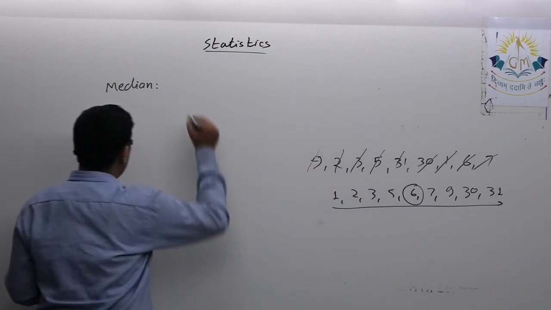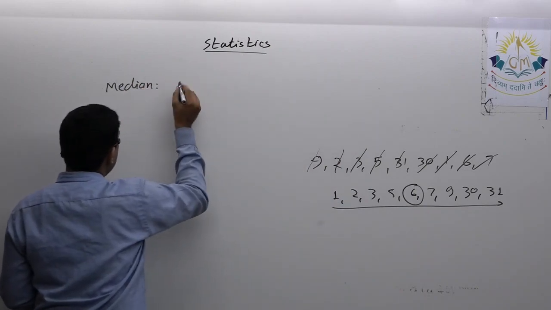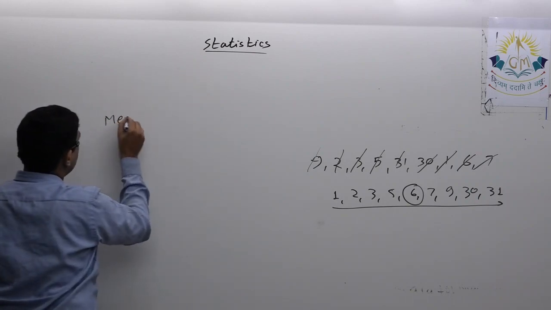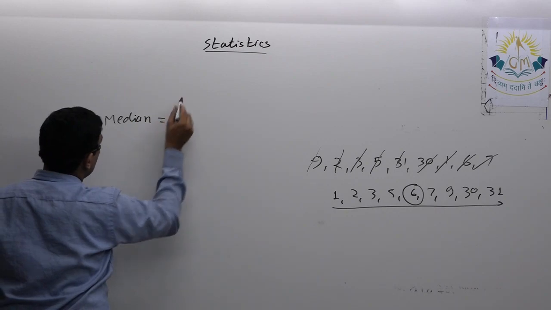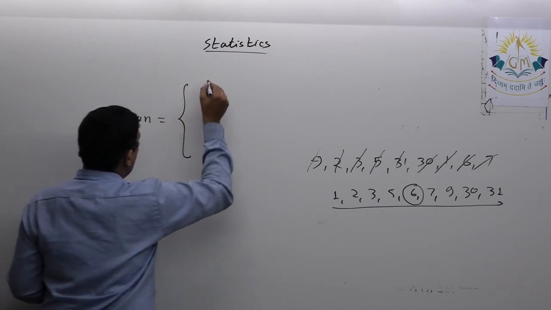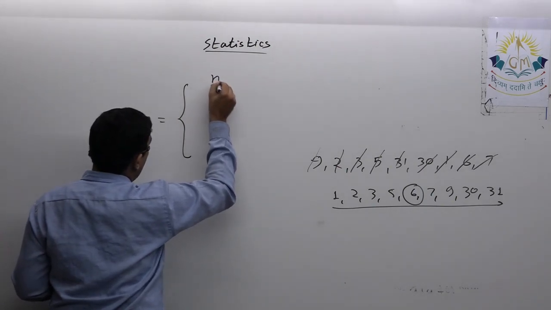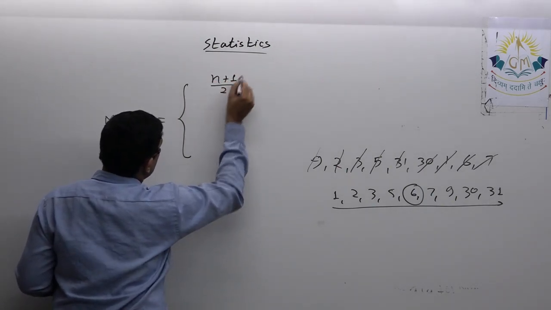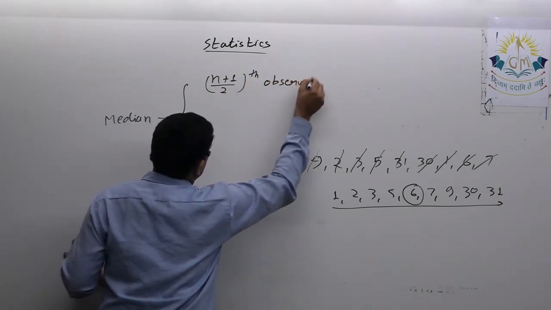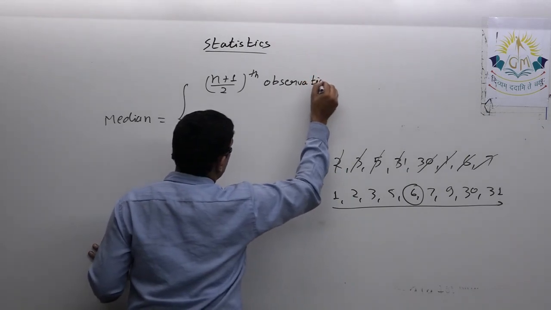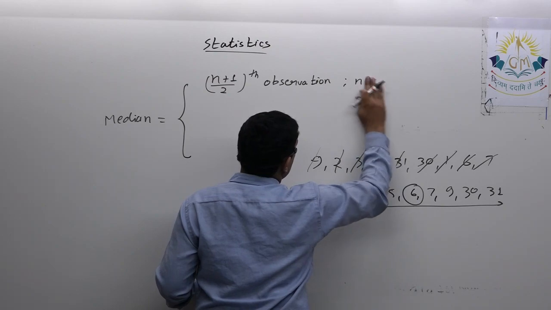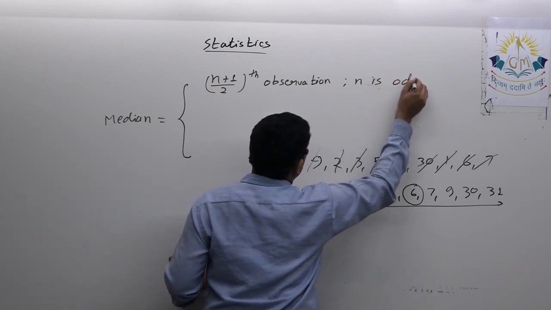So how to write the formula? I will write median in this way: the (n plus 1) by 2th observation, if n is odd.